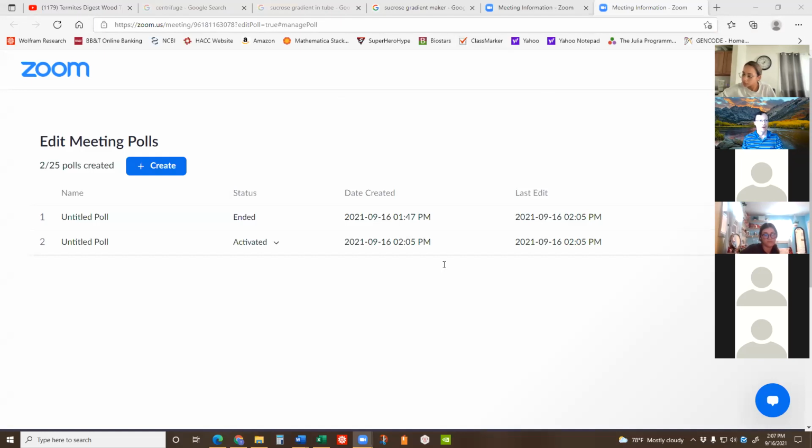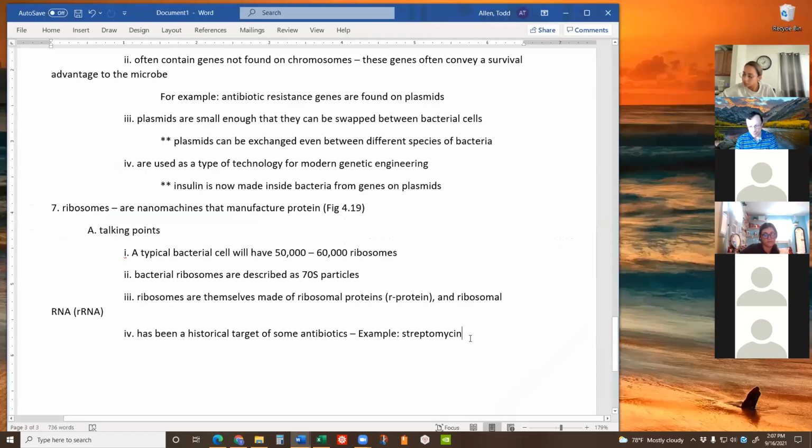All right, so we were talking about ribosomes. Bacterial ribosomes are described as 70 S particles. I want to make the point that eukaryotic ribosomes are 80 S. If you don't know what the S stands for, it is described in your book.